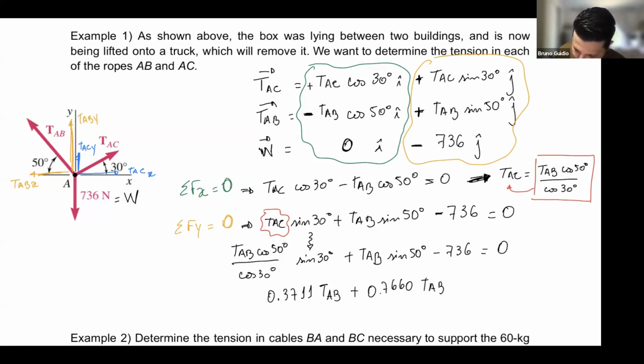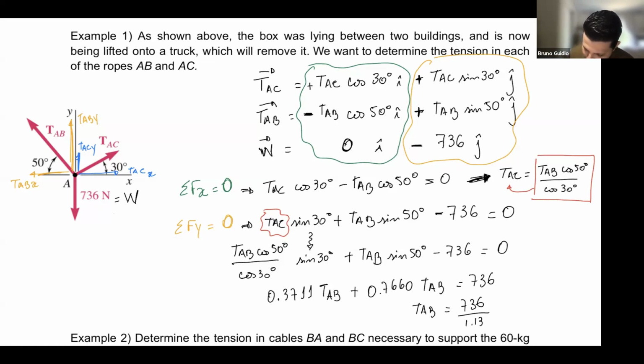TAB is going to be 736 divided by 0.3711 plus 0.7660. This is 1.1371. 736 divided by this number. TAB is 647.26 newtons.